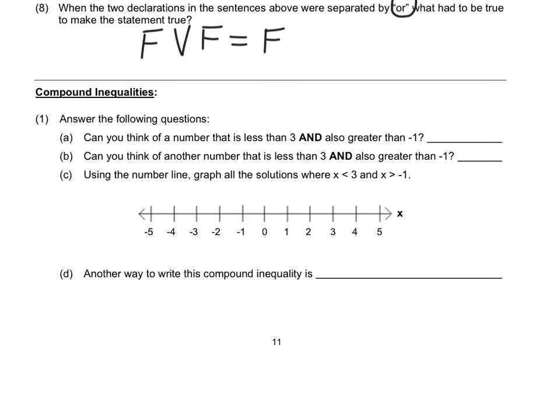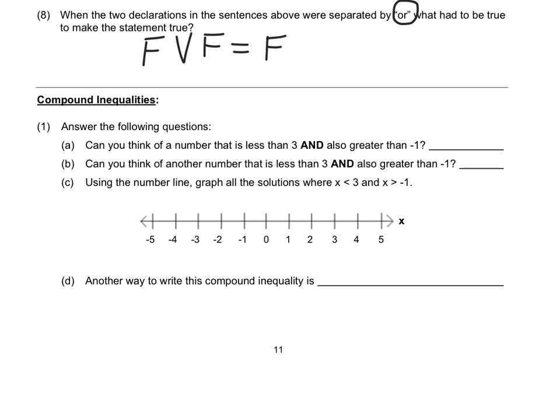All right, and these ideas come into play when we're dealing with compound inequalities. Compound inequalities are taking two inequalities and smushing them together. So can you think of a number that is less than 3 and also greater than -1? 2? Okay, 2 sounds good. 0. We got a whole bunch of possibilities, right?